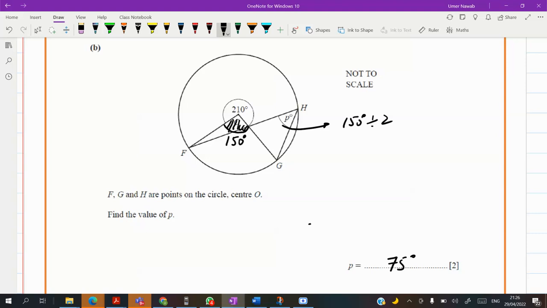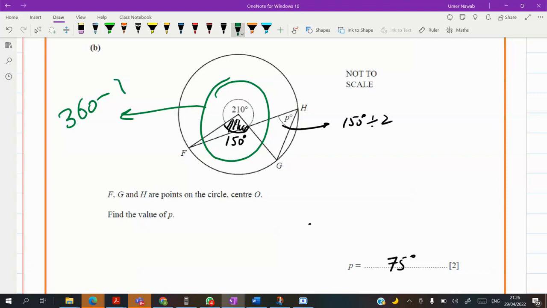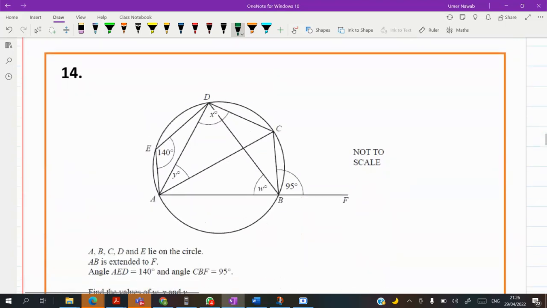Did he mention to write the properties? No, he didn't say anything. So as you see, that was total 360. From 360 I subtracted 200 and 210, which gave me 150, and then I use the double half properties.